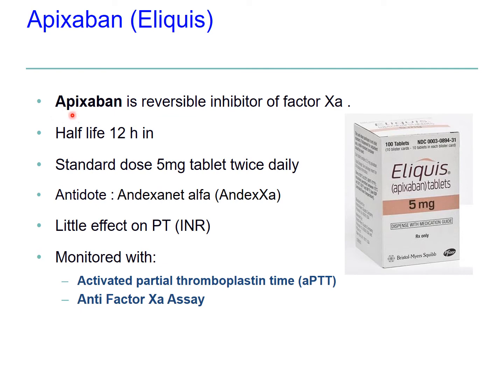Apixaban is very similar to rivaroxaban and is a reversible inhibitor of factor 10A. Half-life 12 hours, standard dose 5 mg twice daily. And again, the antidote is similar, Andexanet, little or no effect on prothrombin time. So INR is not the right test, and again activity is monitored using APTT or anti-factor 10 assay.